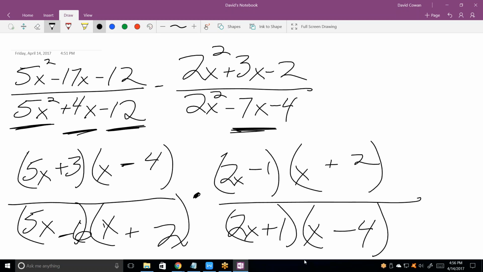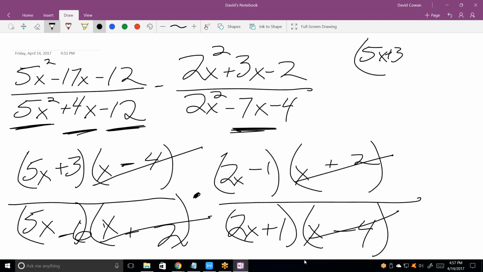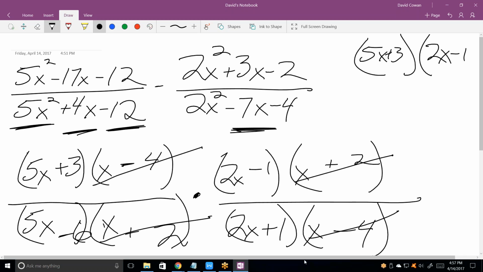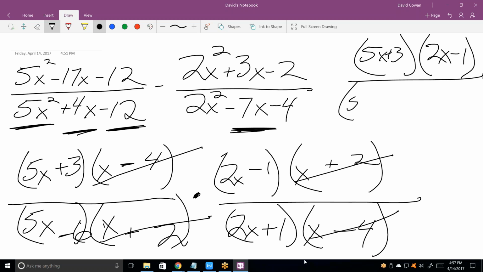Now go to town canceling. That cancels with that. That cancels with that. So I'm left with, in the upper right, 5x plus 3 times 2x minus 1 all over 5x minus 6 times 2x plus 1.